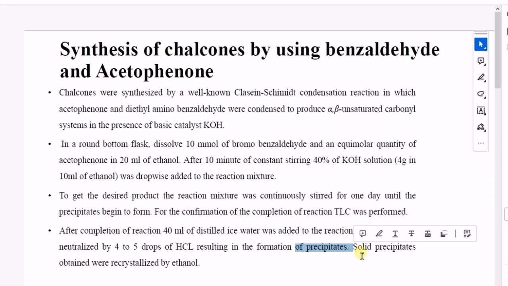Chalcone recrystallization can be done by use of ethanol solvent. And next, to confirm the formation of chalcone, take some sample of that chalcone and give it for further analysis like NMR, which confirms whether your chalcone is synthesized or not.